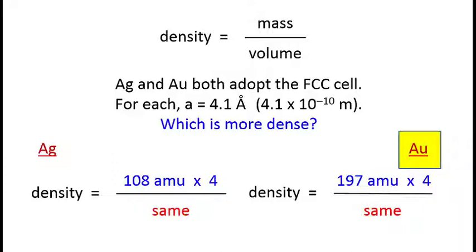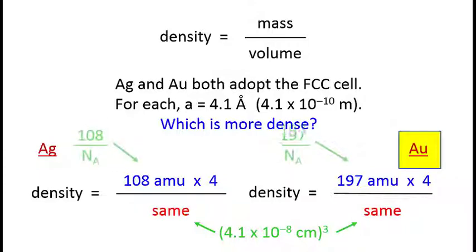Of course, if we actually wanted to calculate the densities, we would need to find the volumes in cubic centimeters. And we would need the mass in grams. The mass in grams would be the molar mass divided by Avogadro's number. But notice we didn't need to do those calculations and get the actual densities to answer the question.